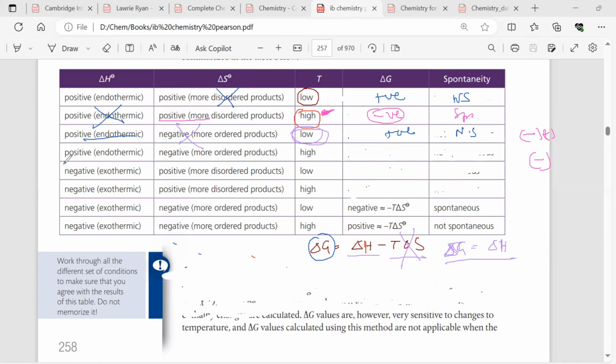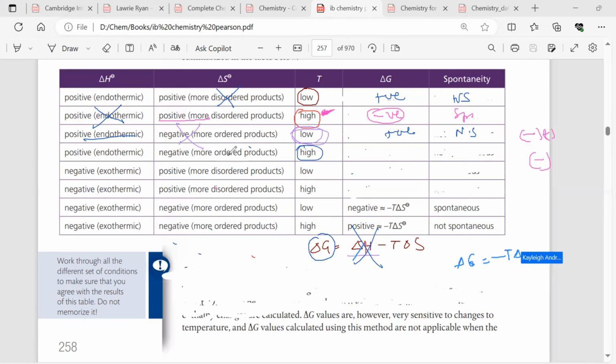Now come to K. K, quickly do the next question. The temperature is high, so you approximate the delta H. What is the equation coming? Write down the equation over here. Minus T delta S, right?